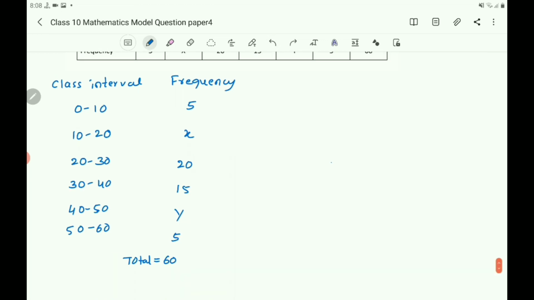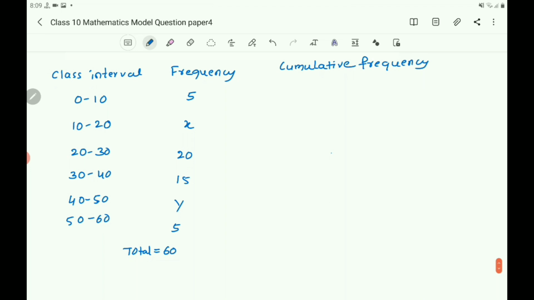Now next we have to find out the cumulative frequency. So write cumulative frequency. First you write 5, that is the cumulative frequency of the class interval 0 to 10.